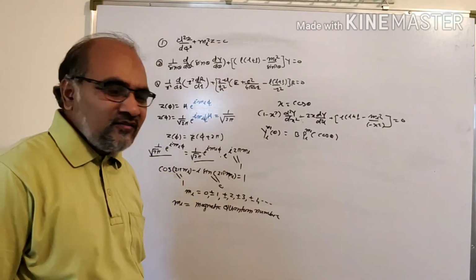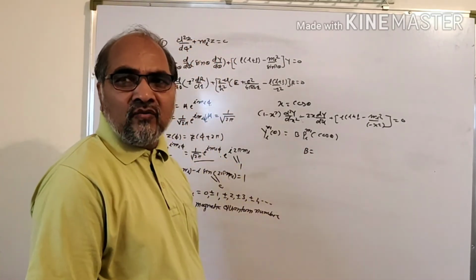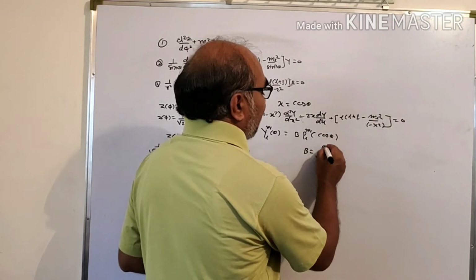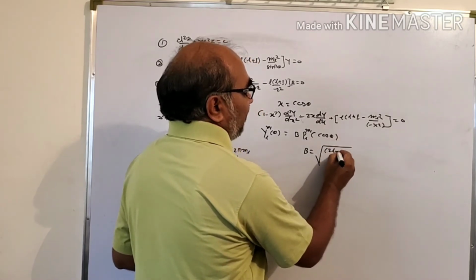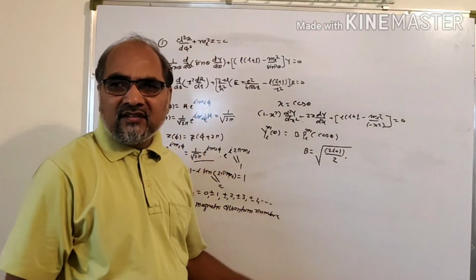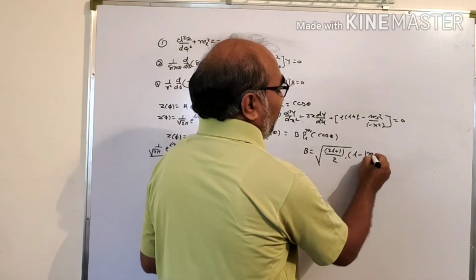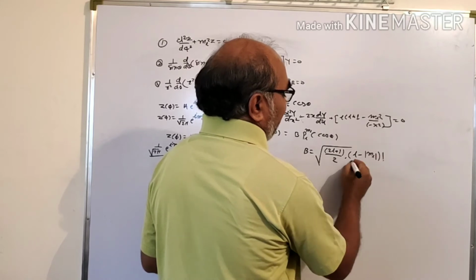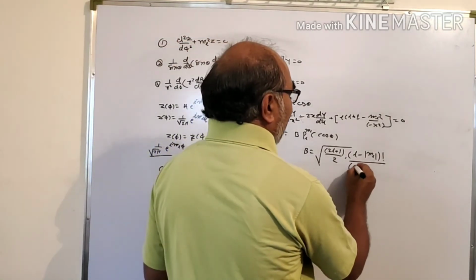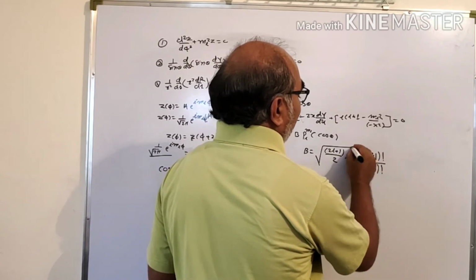The normalization constant B is equal to the root of 2L plus 1 by 2 into L minus mod of ml factorial divided by L plus mod of ml factorial.